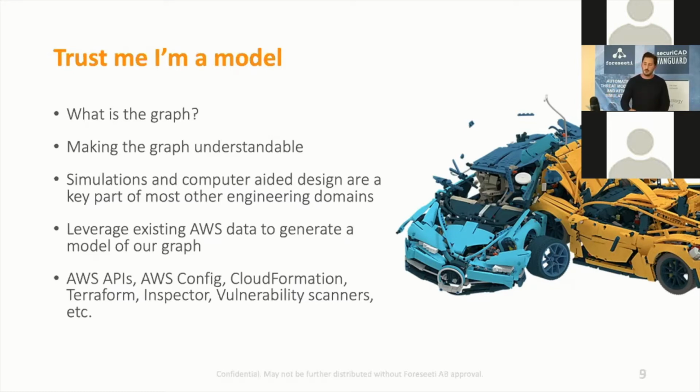You do virtual wind tunnels in simulations, all to try to figure out design mistakes or improvements that you can make on your model. And we can actually do the same with our graph and our model. So we can leverage existing data in AWS to actually generate a model of our graph, our whole environment.